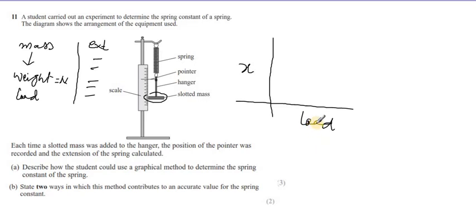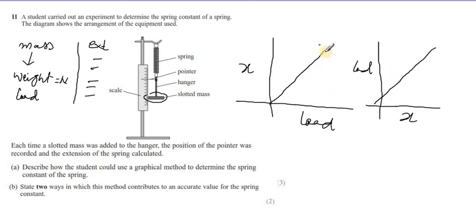Here I am taking load as the independent variable and extension as the dependent variable, but if you wish, you can say that extension is independent and load is dependent. It's fine. When you plot the graph, you would have a straight line, and from the straight line you can calculate the gradient.